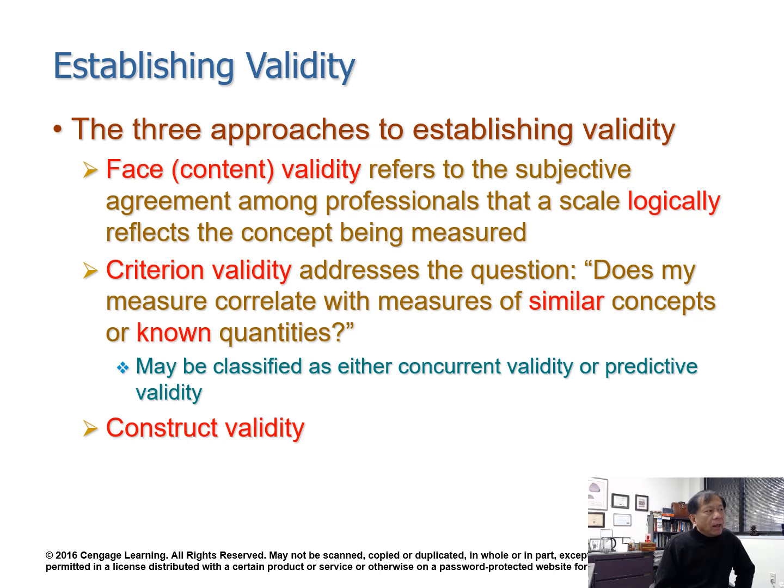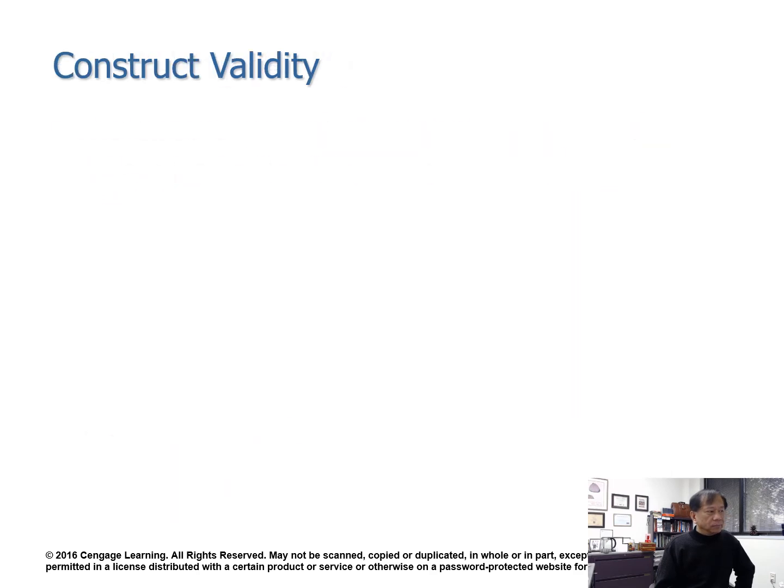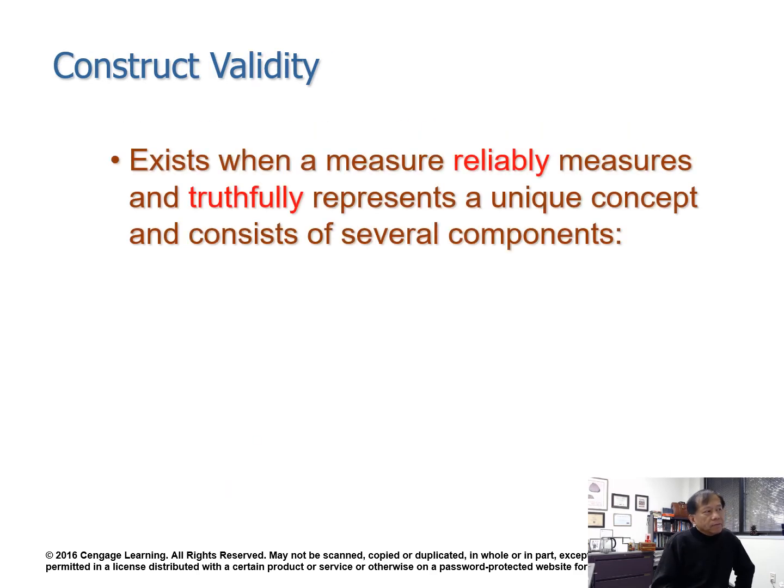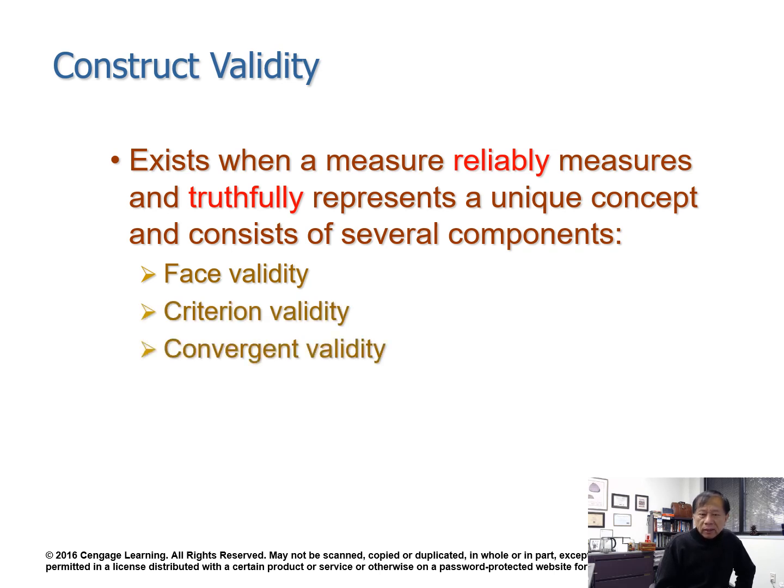The third approach to establishing validity is construct validity. Construct validity exists when the measure reliably measures and truthfully represents a unique concept and consists of several components. It has face validity, criterion validity, convergent validity, and discriminant validity.